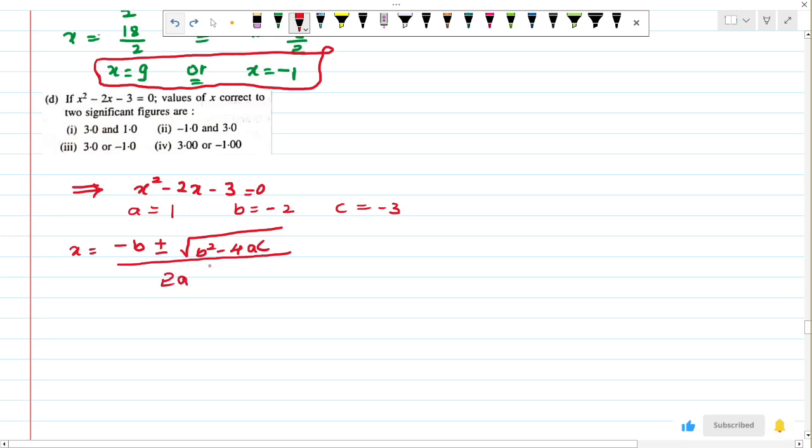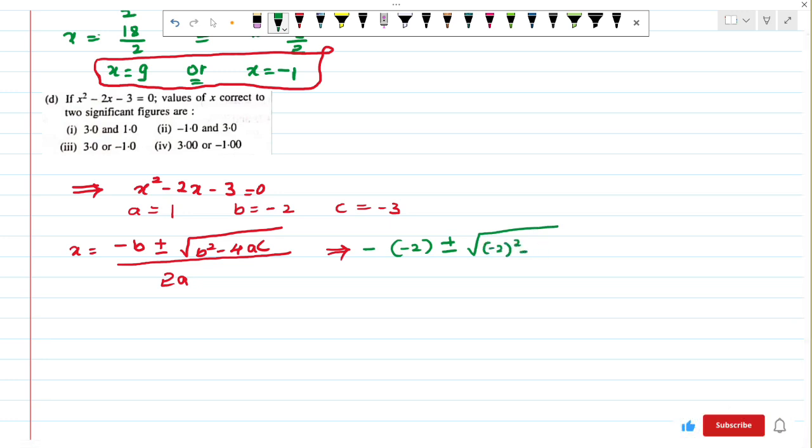So I'll get minus b, whose value is minus of minus 2, plus or minus root of b square, which is minus 2 square, minus 4 into a which is 1, into c which is again minus 3, divided by 2 into a, which is 1.